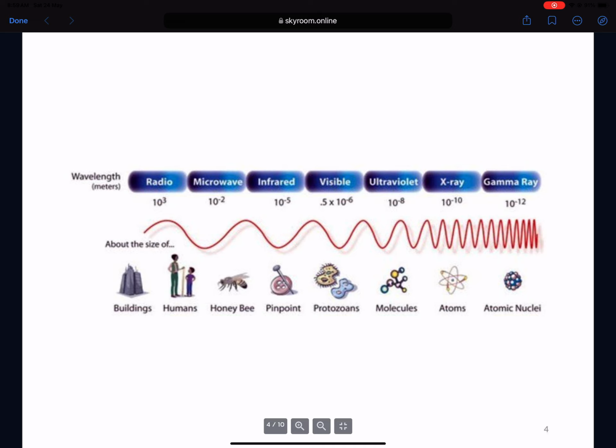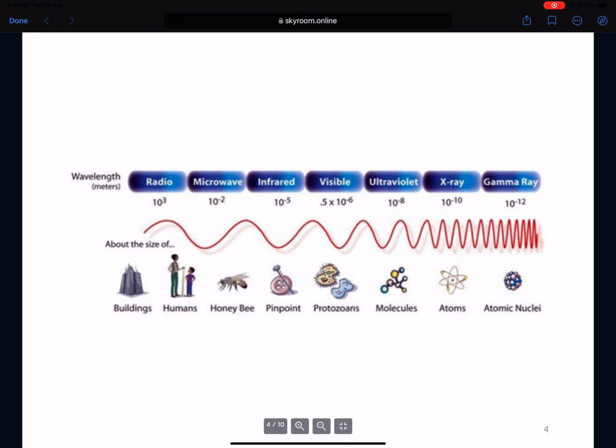So the first part of the electromagnetic wave on the left, we call it radio frequency, and the frequency is written under the small blue part, which we call radio. It's about 10^3 hertz, or about 1000 hertz.